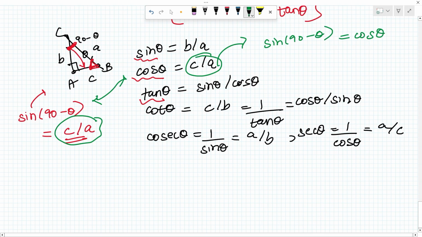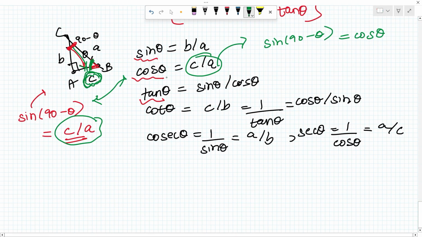Because if you take angle theta, the side adjacent to angle theta, as you see in this diagram, is actually the side that is opposite to angle 90 minus theta.